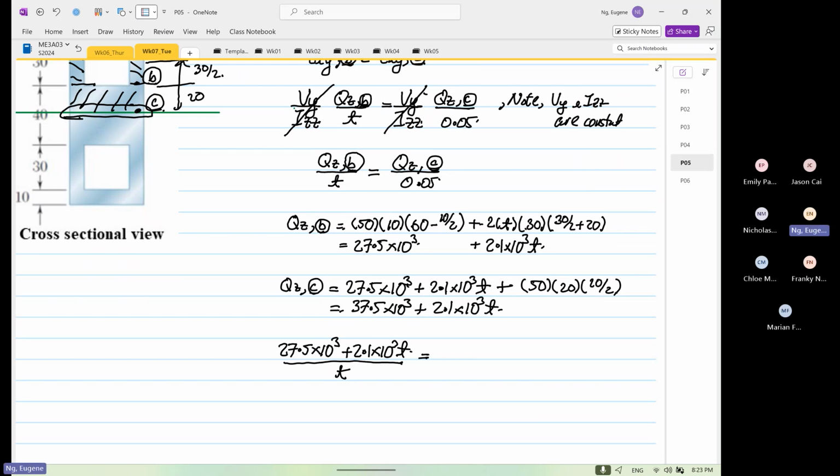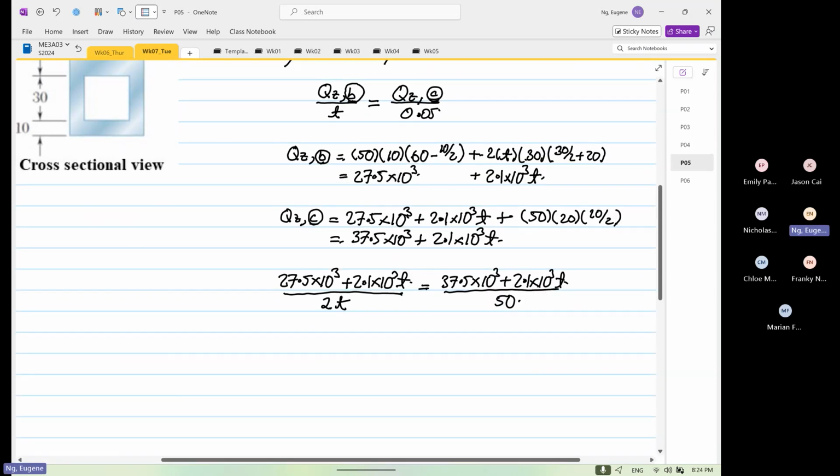And this is equal to 37.5 times 10 to the power 3 plus 2.1 times 10 to the power 3 t, and then we're going to divide by 50 because we're going to deal with everything in millimeters now. Okay. So, oh, by the way, this is not t, this is 2t. You have to be careful down here. This is twice the thickness because you have thickness on the left and thickness on your right.